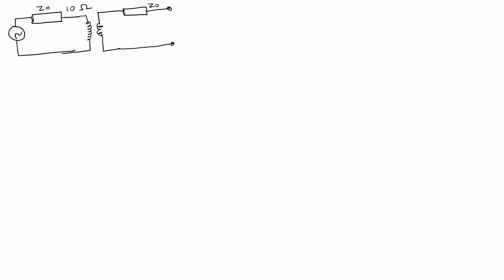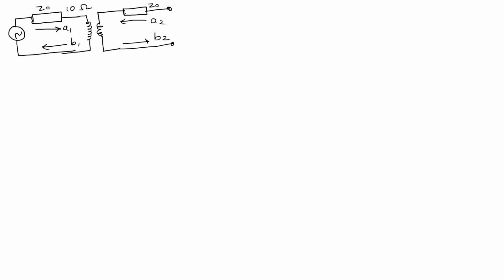Let's say we have this circuit. What are the parameters now? We have to get clarity on that. Let's say the incident voltage is A1, the reflected voltage is B1. On this side the incident voltage is A2, and here the reflected voltage is B2.